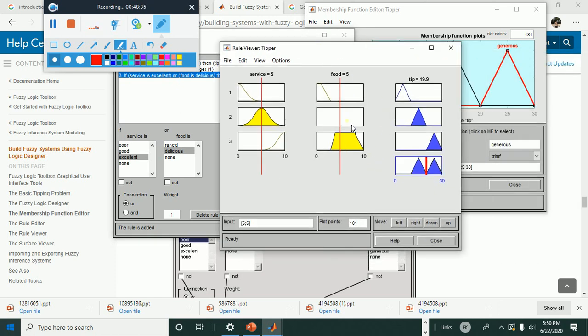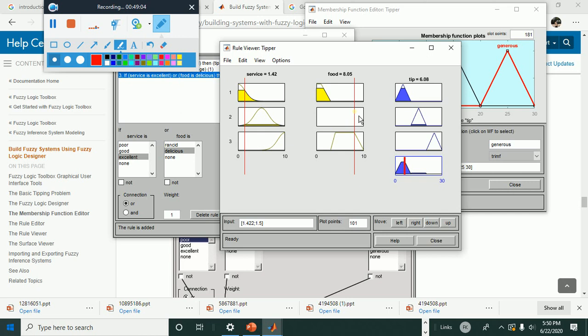Now here we have these rules. For example, these services can be changed, so it depends upon these two. For example, if the service is low and the food is not delicious, then the tip is very much low.